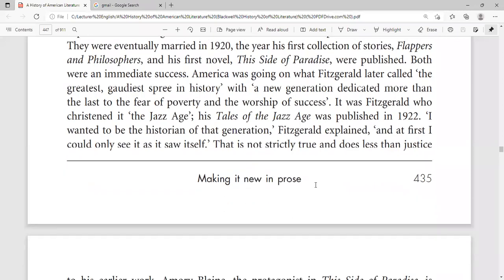In American literature, the decade of the 1920s is called the Jazz Age. Jazz is actually the refined form, or you can say popular form, of blues. Blues and jazz are actually the music of the African Americans, and that is thought the best cultural contribution of the African Americans in the American culture.